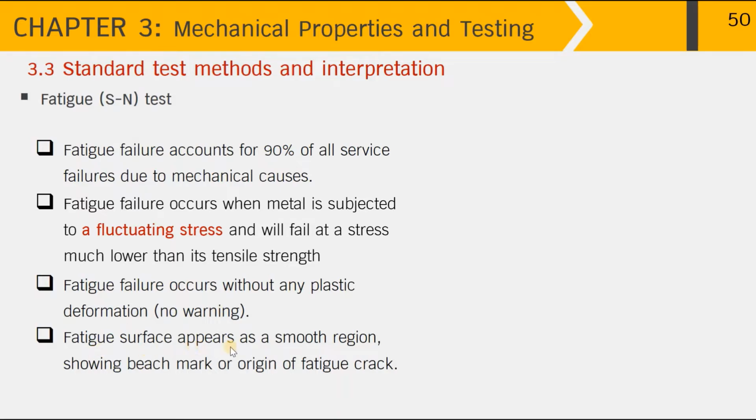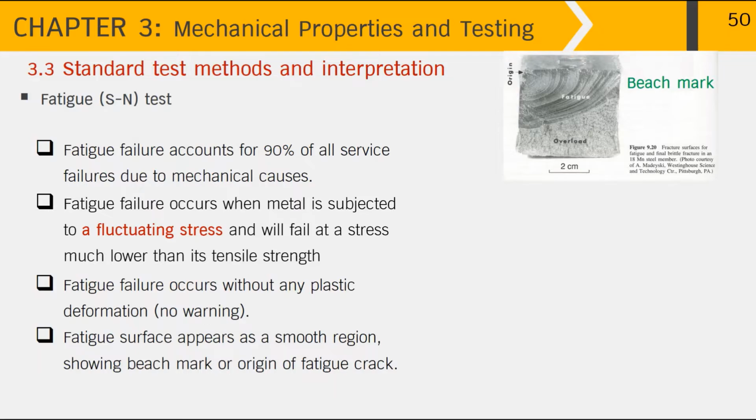The fatigue surface appears as a smooth region showing beach marks leading to the origin of the fatigue crack. I'm giving here an example of very clear beach marks that we can find on the fatigue surface. The conchoidal nature of the beach mark will give the direction to the origin of the fatigue crack.